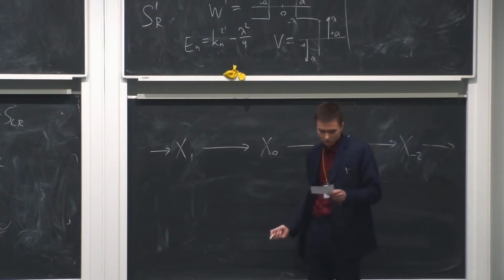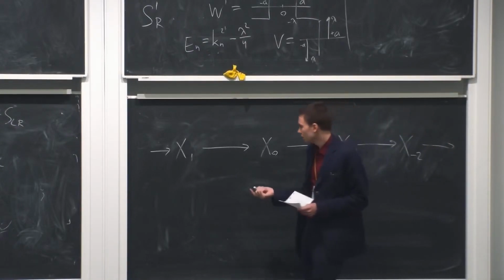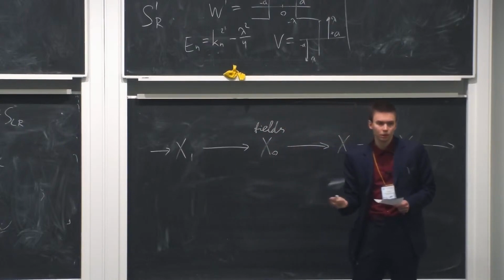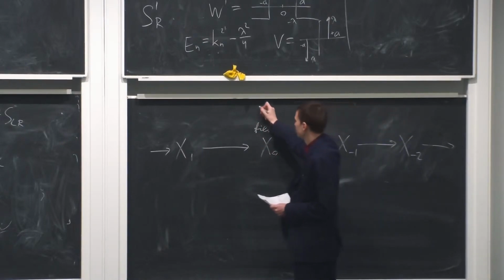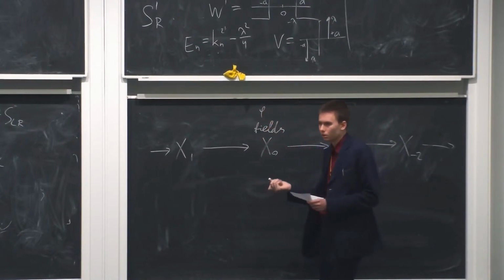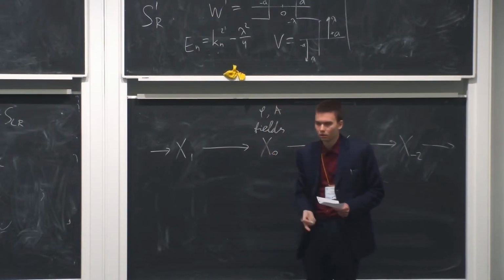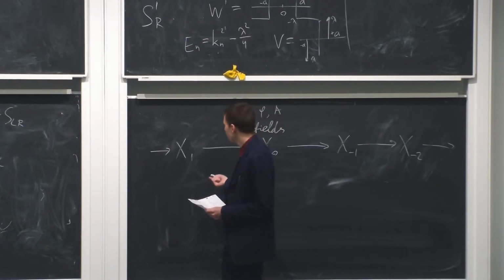And they all have meaning. Now, this is usually the space of real dynamical fields. So that would be some phi in the phi cube model, or A in quantum electrodynamics or Yang-Mills theory.